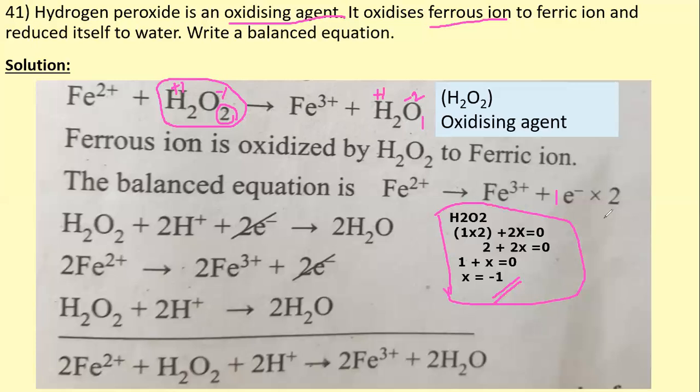That is what we have done here. This refers to the loss of electron because it is an oxidation reaction, and this 2 comes because of the 2 oxygen atoms. To balance it we multiply by 2.